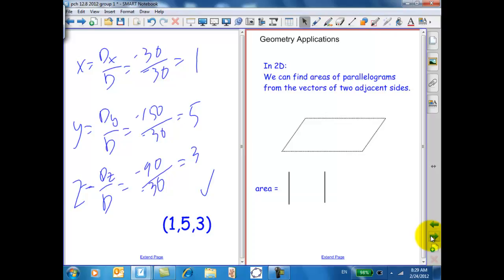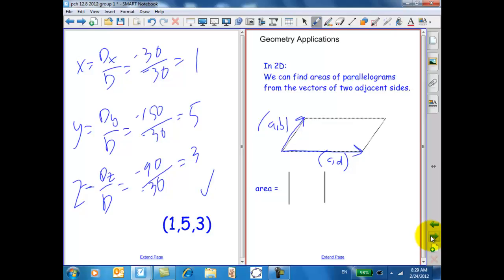Now, we can also come up with areas of parallelograms from a vector's 2 adjacent sides. We can come up with its area. And it's pretty amazing. It goes like this. If I have one vector, and we'll call this AB, and another vector CD, determining a parallelogram, right? Because I can apply this vector over here then.